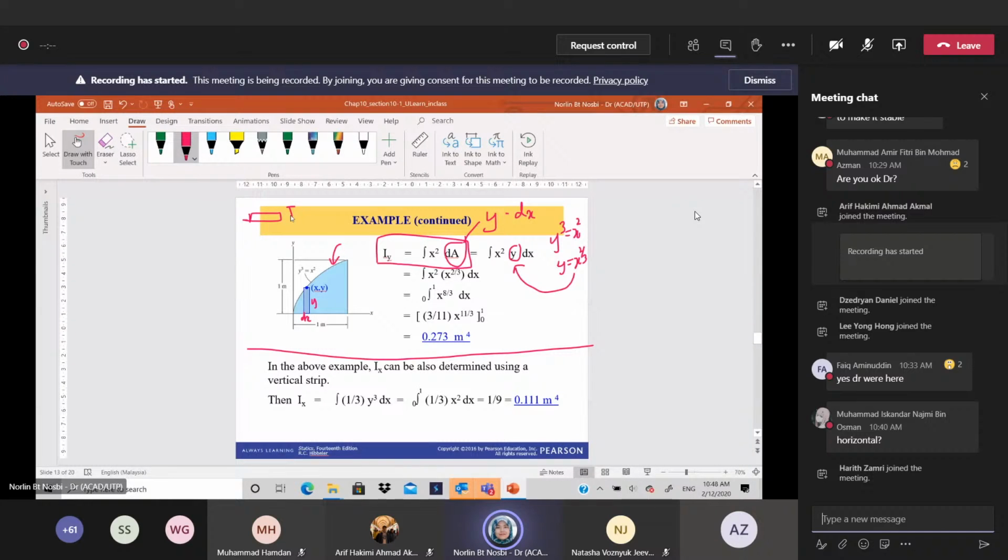Okay, for moment of inertia, there's another step. From this vertical shape, you can also find Ix. How? You have to use another formula, which is this formula, 1 over 3 y to the power of 3 dx.